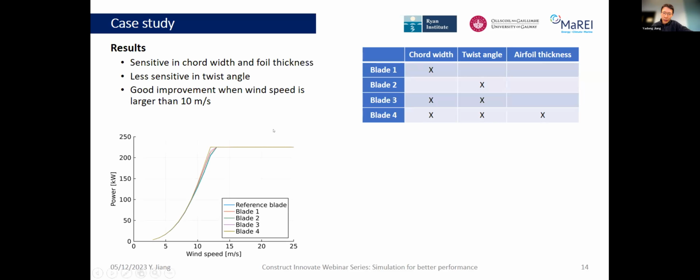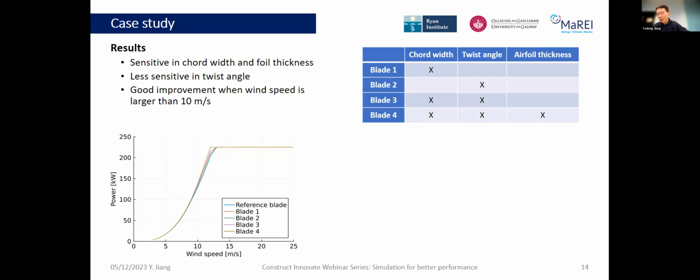The plot on the left lower side shows the comparison of the power curves of the 4 blades together with the reference blade. You can see that the power production of the blades is more sensitive to the chord width and the airfoil thickness, and less sensitive to the twist angle.